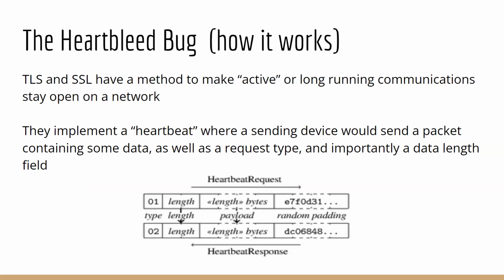This is to allow long-running communication on a network. This heartbeat is crafted as pictured below with a type specifying a heartbeat, the payload, which can be really anything, and some padding attached in there. And most importantly for this exploit was the length, which is how the exploit was done.